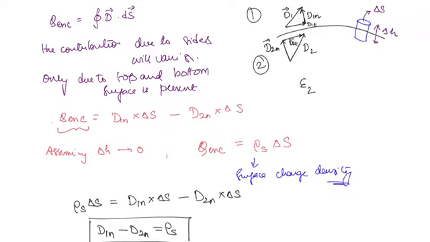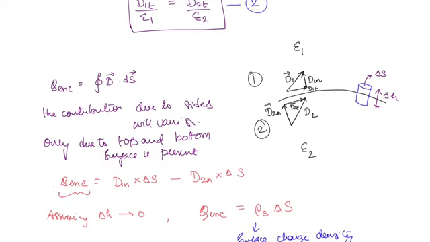Why not d2n minus d1n? Which medium can you take as 1 and which medium as 2, because this is entirely arbitrary, right? If you see the surface, this is medium 1, we took it arbitrarily, and this is medium 2. So why is it only d1n minus d2n? This is because of the direction in which we took.